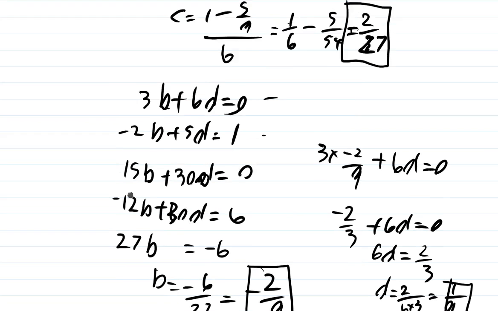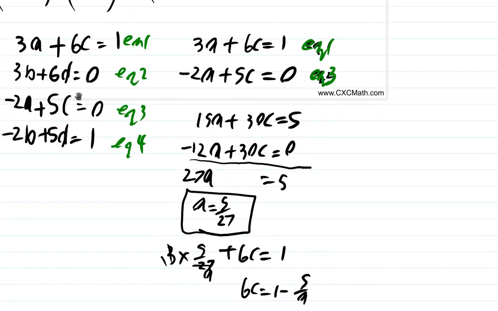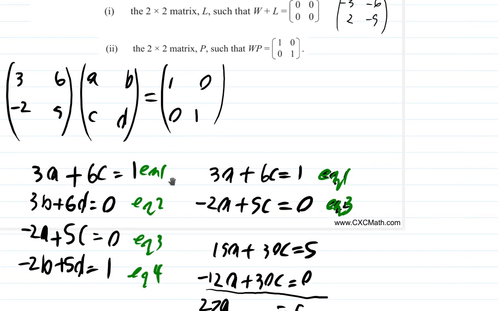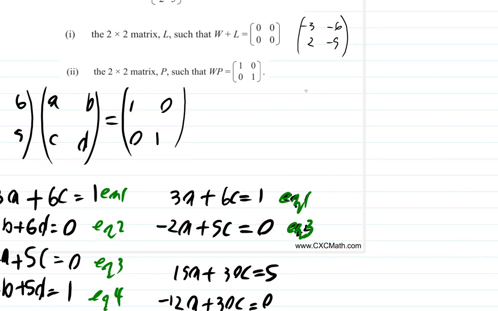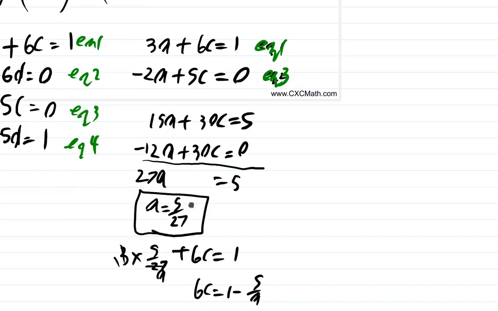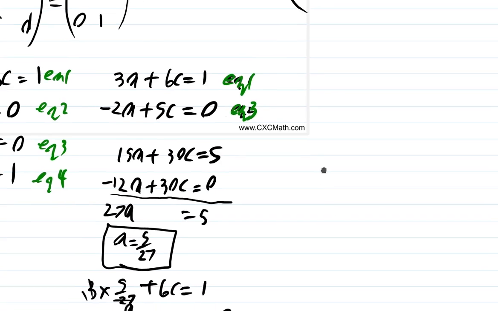So the matrix would be what? Let's write it up here. P would be 5 over 27, that's A. What is B again?